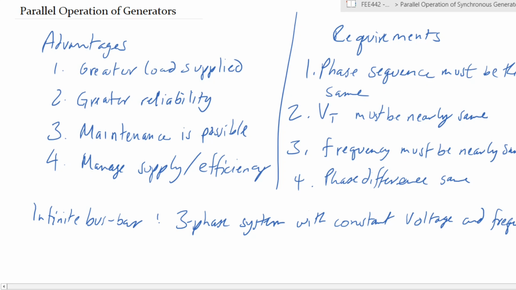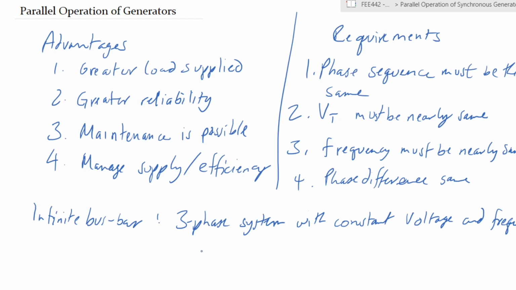This is because you have systems that have so many supply generators and so many loads that the voltage and frequency are extremely stable, such that the addition of one more generator would not make a difference to the voltage and the frequency.